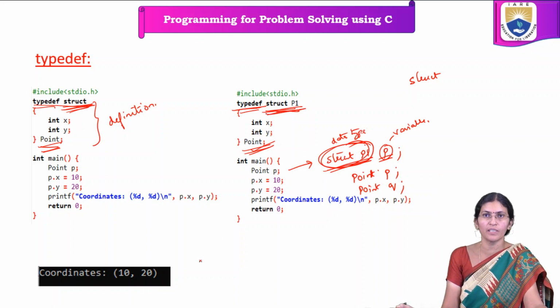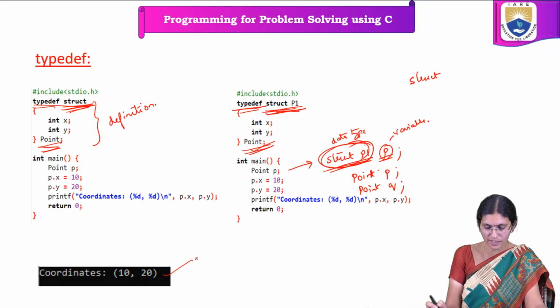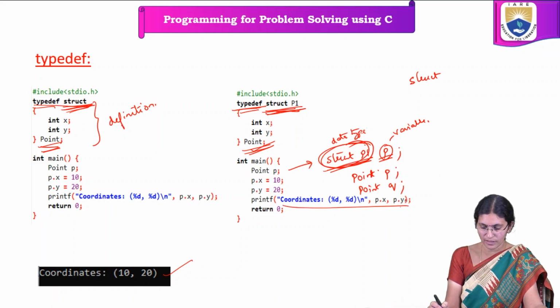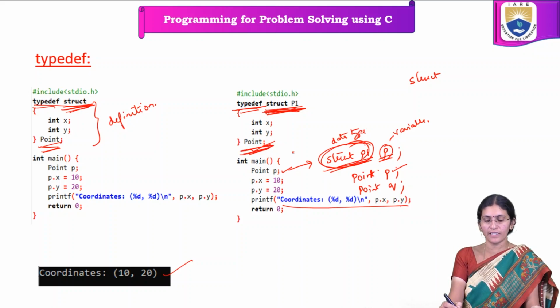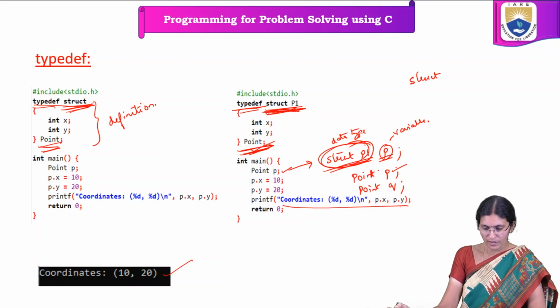When we run this program, it will simply display the coordinates p.x and p.y. p is a variable of type struct P1. For this type, we have created an alias, and the alias name given is point.